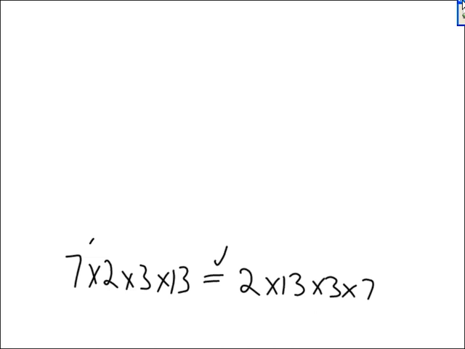They're both correct. They both have a 7, a 2, a 3, and a 13.